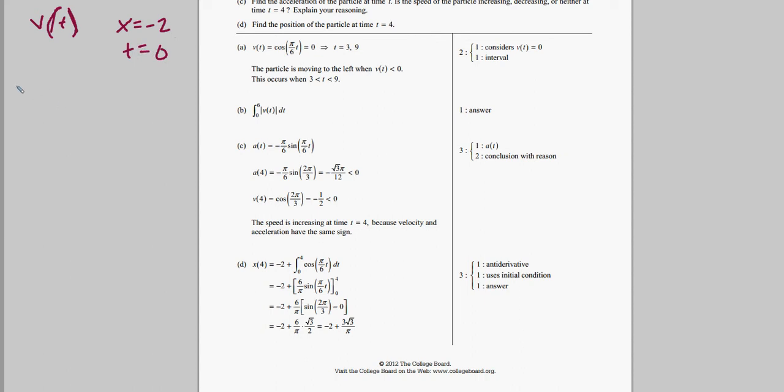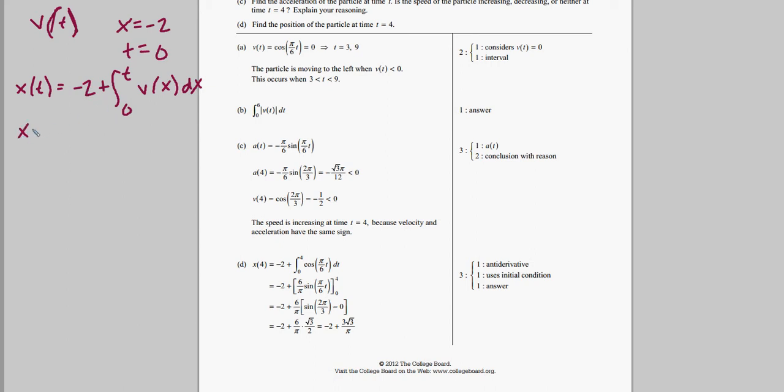So when I set up my x of t function, I will set it up as negative 2 plus the integral from 0 to t of v of x dx, using the fundamental theorem of calculus with these two pieces.